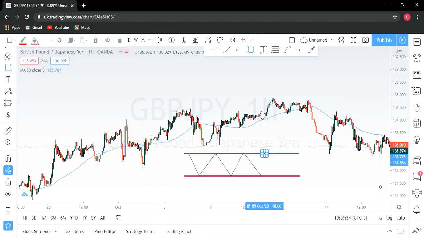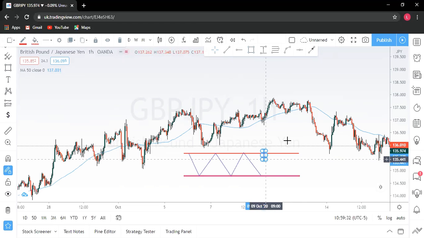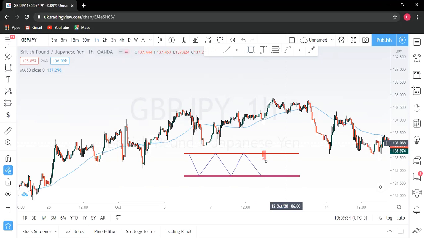However, we have two types of pin bar. We have the bullish pin bar and we have the bearish pin bar. Whenever you are on a resistance, the kind of pin bar you should always look out for is a bearish pin bar, because you want to sell.